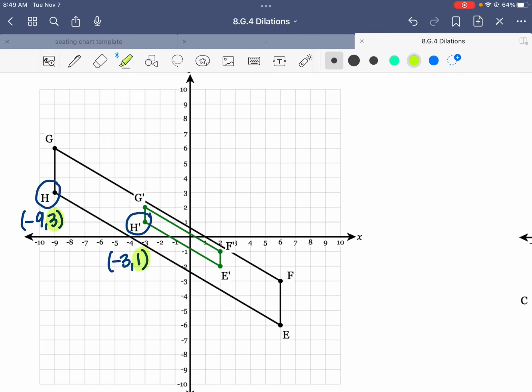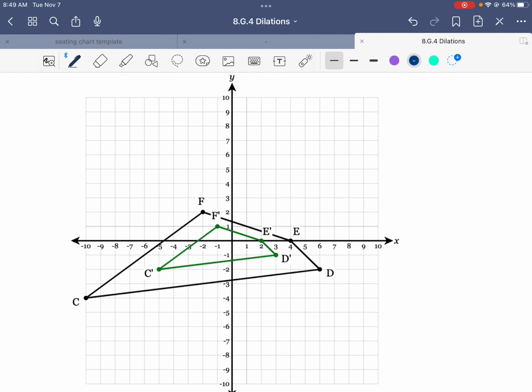So I'm going to choose the y for this one. Our scale factor will be the image coordinate, which is 1, divided by the pre-image coordinate, 3. So our scale factor is 1/3, which is less than 1. So this is a reduction. This makes sense because to go from the original figure to our image, it had to get smaller.